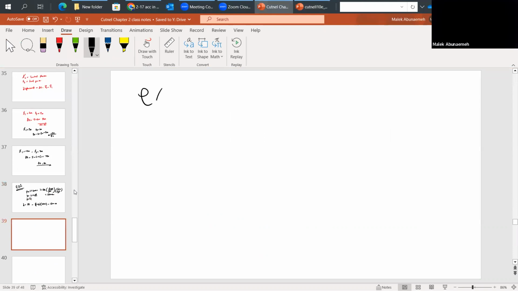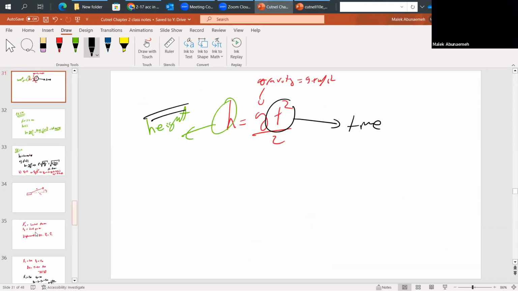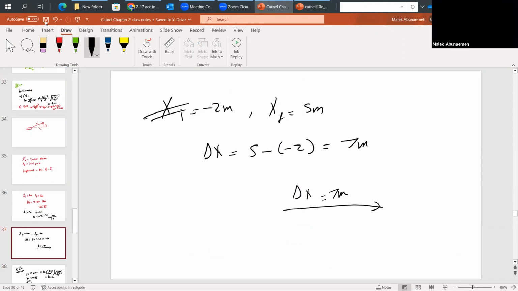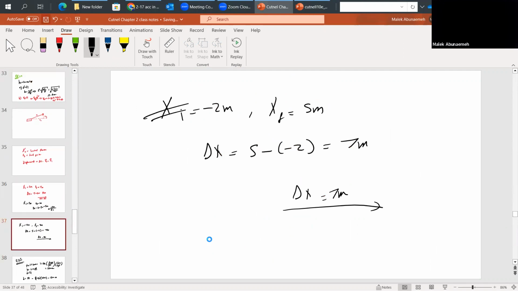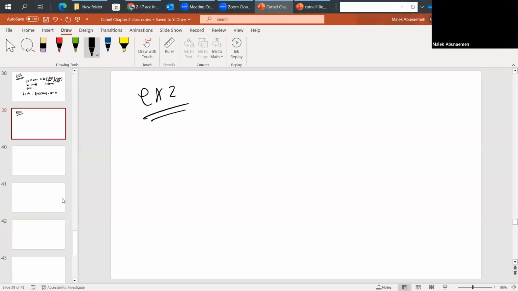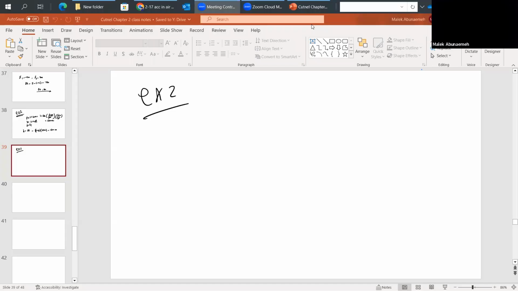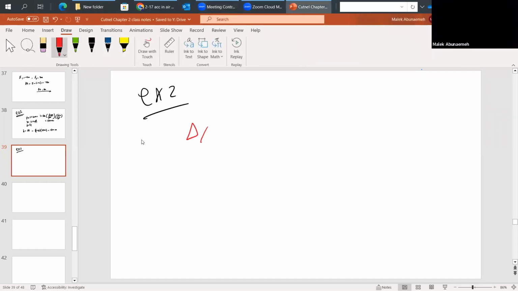So go ahead, example 2. From our diagram, your delta x equals 1609 meters and your time equals 4.74 seconds.